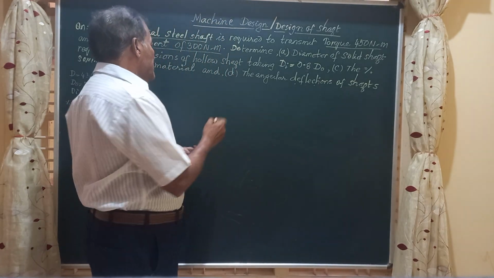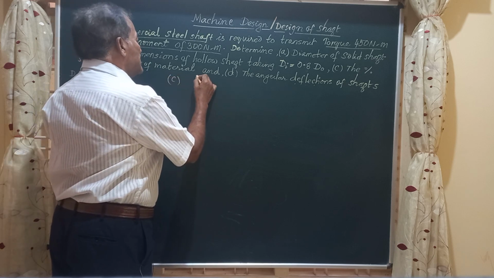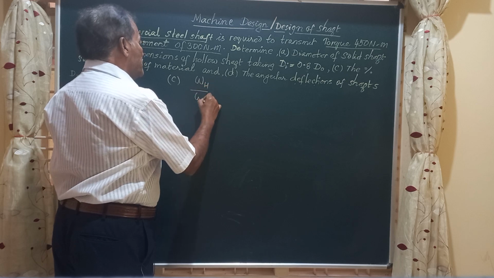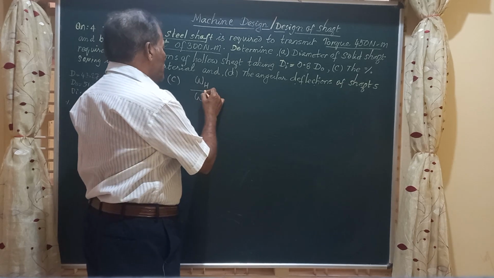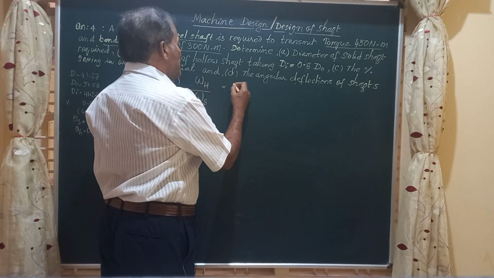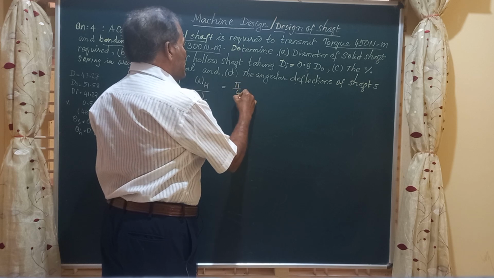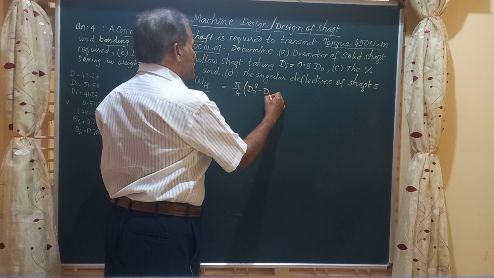So I will write down here for part C, WH divided by WS. WH is the weight of the hollow shaft. So how do you obtain that? Friends, we know for this hollow shaft, the area of cross section is pi by 4 into D0 square minus Di square.